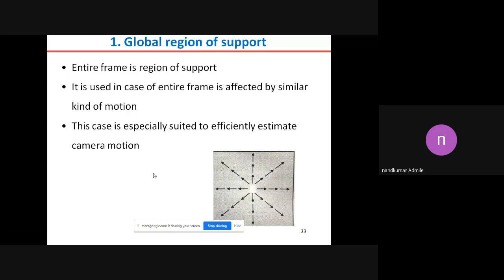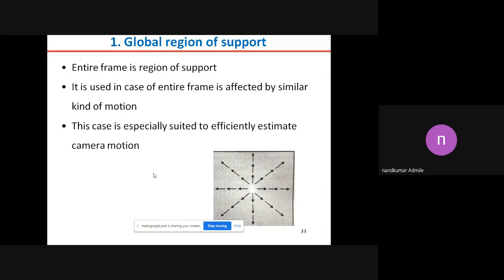By using a video camera we can capture the entire frame of a region. In a global region we consider the entire frame, and we can locate the pixels in the entire frame.